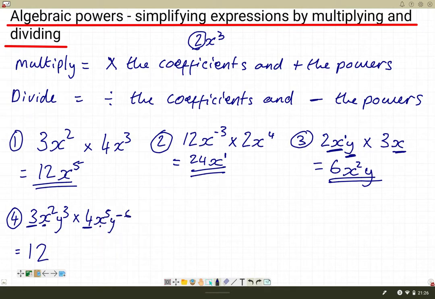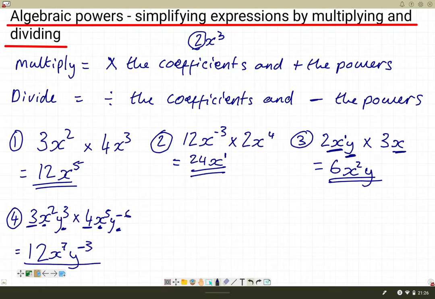Okay, deal with the x's first. So that's going to be x to the power of 7. Add the powers. Then I have y cubed times y to the power of minus 6. So 3 plus minus 6 gives me negative 3. Okay, so that's my answer for that one.